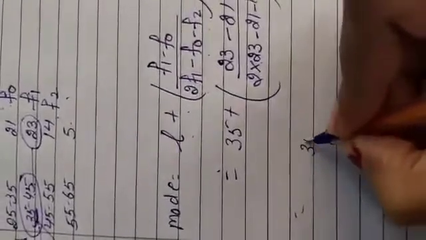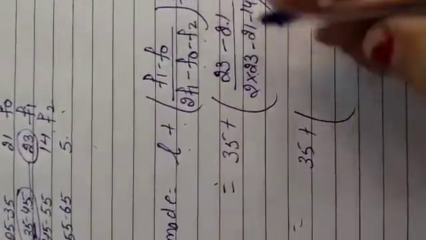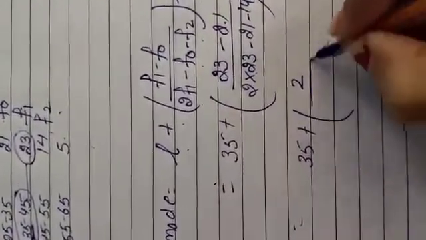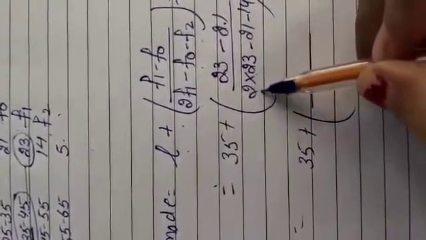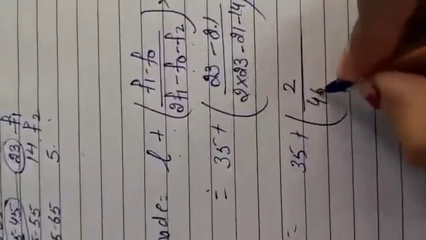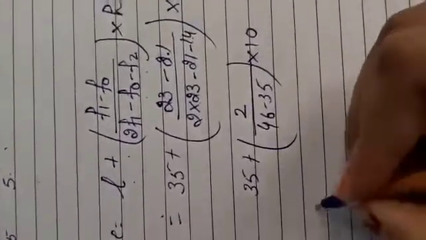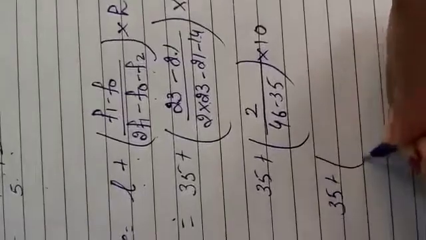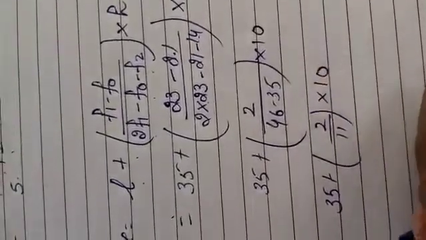It is 35 plus (23 minus 21), which is 2, divided by: 23 twos are 46, and this is 35, so 46 minus 35, multiplied by h. Now 35 plus 2 by 11 multiplied by 10.